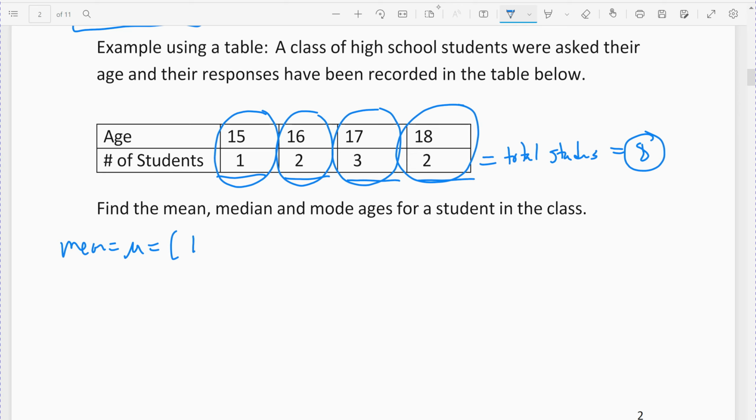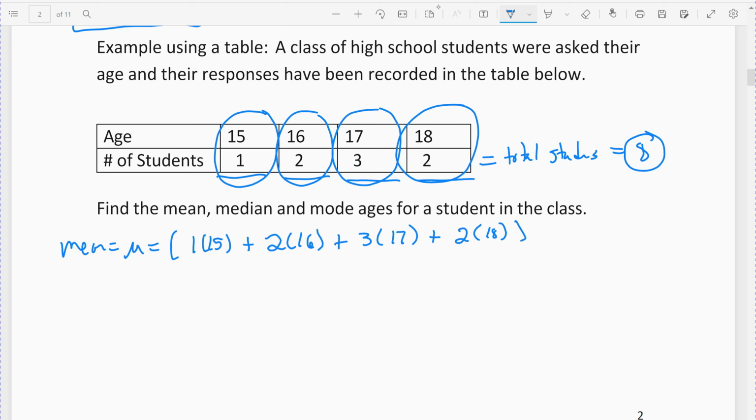I have one 15-year-old, so 1 times 15. Then I add the next set. I have two 16-year-olds, right? 2 times 16 represents there were two 16-year-olds. Then I have three 17-year-olds, so take 3 times 17 because there's 3 of them. And two 18-year-olds, so 2 times 18. Again, if I listed them out, it would represent one 15, two 16s, three 17s, and two 18s, all added up.